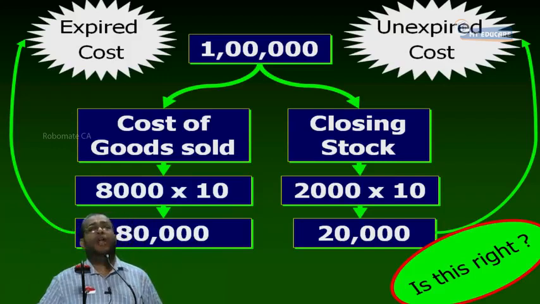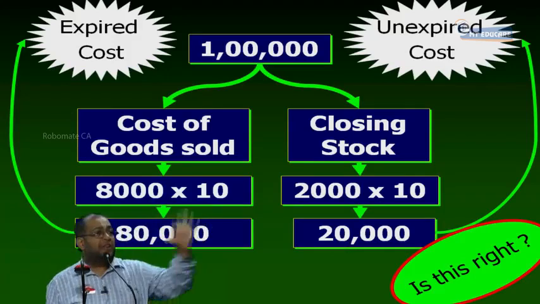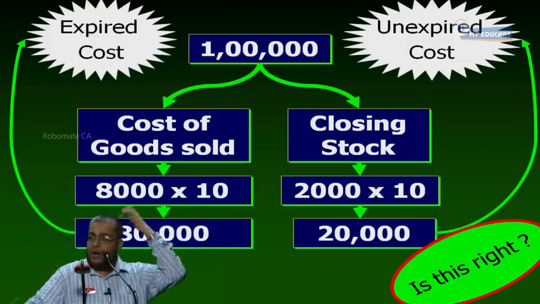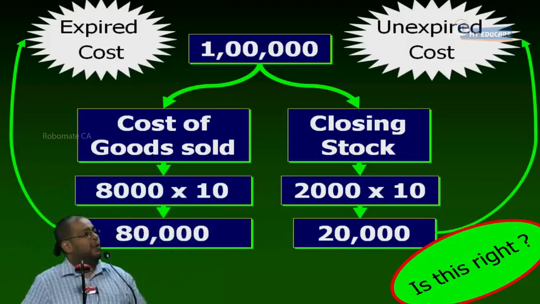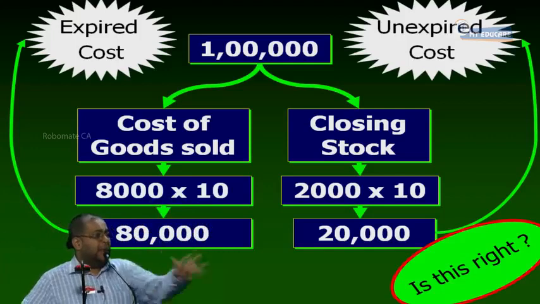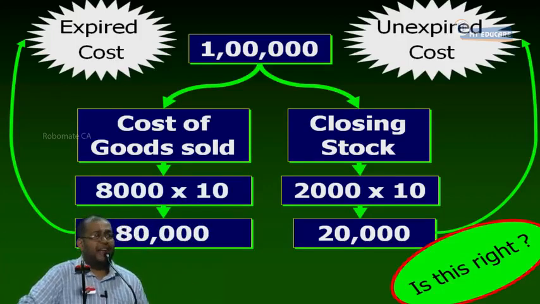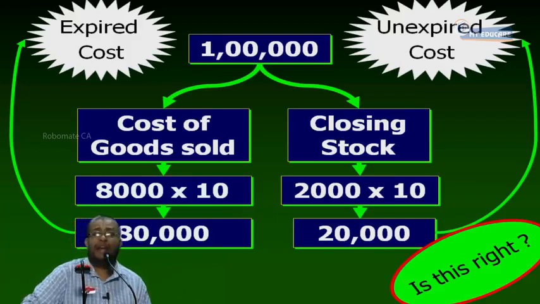Now, if you don't understand this, we have seen this in the CPT and school days also. You prepare two accounts, trading account and P&L account. I ask you one by one, tell me where you will debit. Material purchase, where you debit? Trading account. Factory wages? Trading account. Office salaries? P&L account. Salesman commission, P&L account.